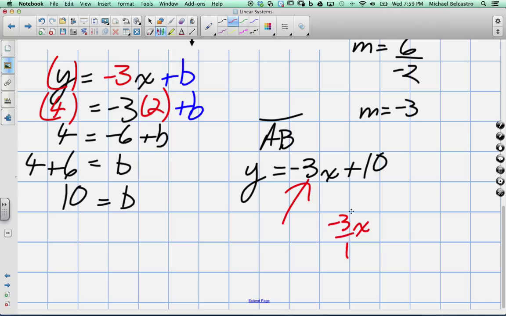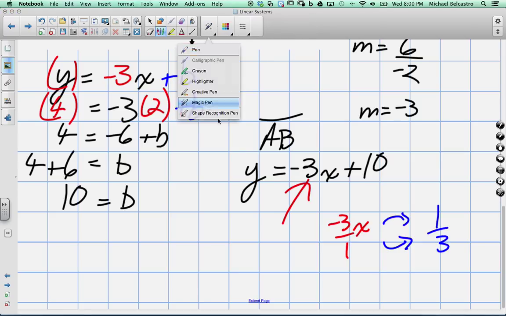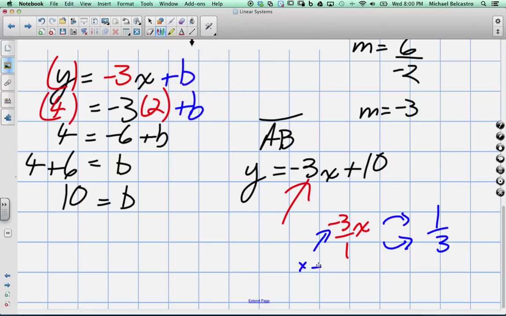And I have to find the negative reciprocal. What will the reciprocal be? 1 over 3. And if I multiply a negative times a negative, what will I get? Positive. So it's going to be positive 1 over 3x. That's going to be the slope of our new line.